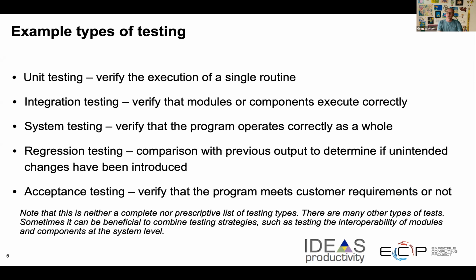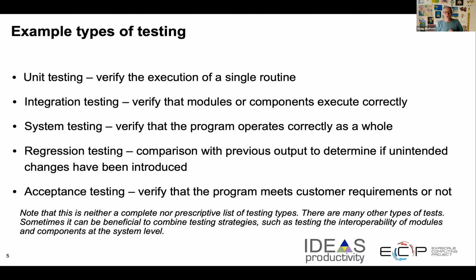When you want to test how those routines or functions connect together into components, and those components or modules execute correctly, that's referred to as integration testing. And then in order to verify that all those modules work correctly together as a whole, and the program itself operates correctly as a whole, that's referred to as system testing.